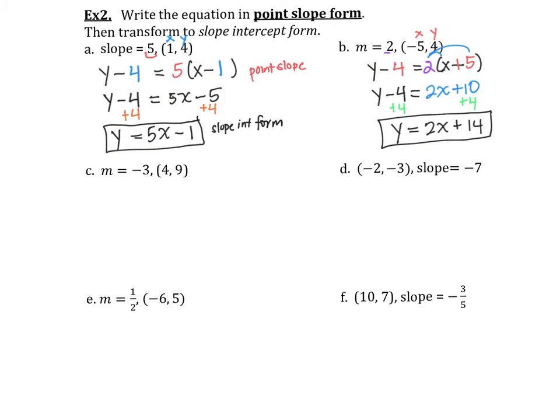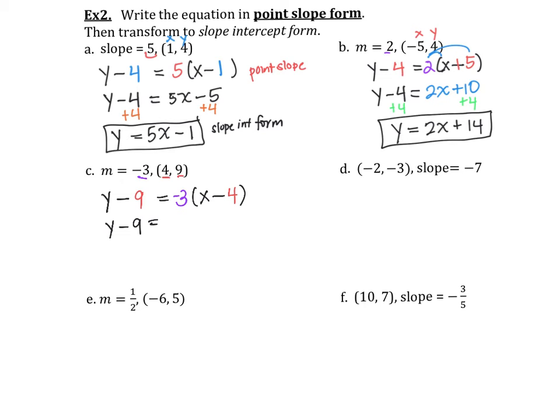I'm going to keep going. I'm just adding some negatives. M equals negative 3 with the point.